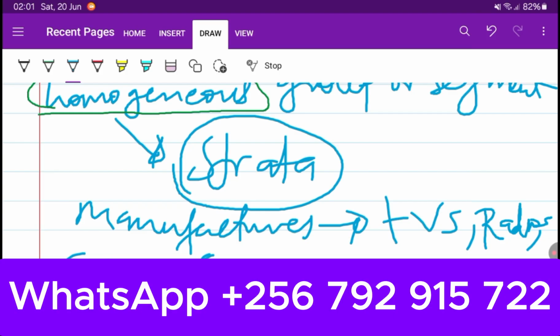They put them into one group because they almost look similar. They are more like identical because they are all electronic devices.